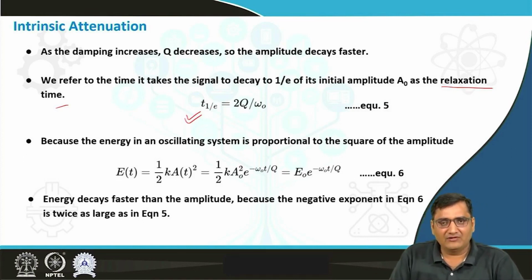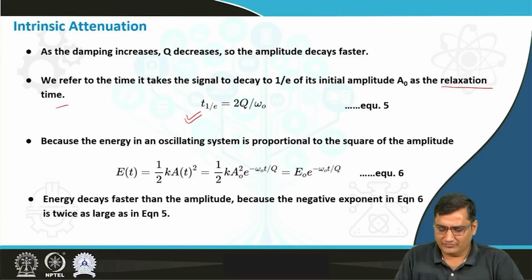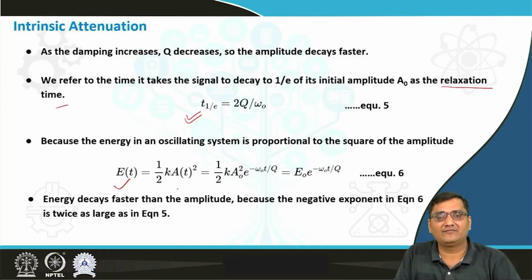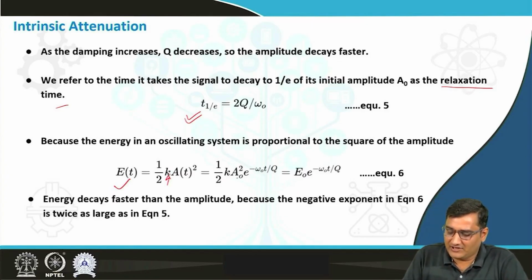So if we calculate the energy in an oscillation system, we will find that it is proportional to the square of the amplitude. That means energy as a function of time is equal to half k a t square, where k is the constant term, spring constant, and that will be equal to 1 by 2 k a naught square e to the power minus omega naught t by q, and this can be replaced by E naught, and that will become something like this.